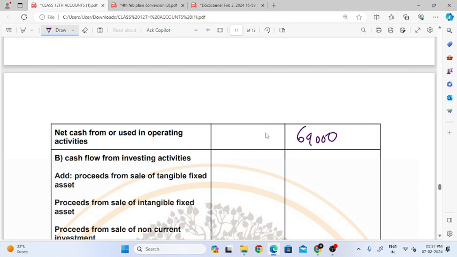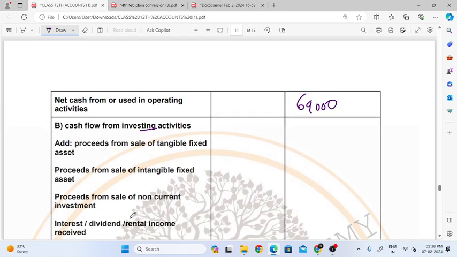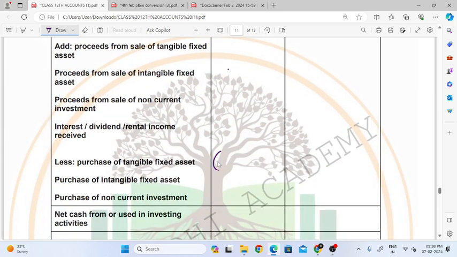Next, cash flow from investing activity. We have the purchase of land and building. The balancing figure we got is 1,08,000, so this 1,08,000 we have to subtract because we have purchased the land and building.